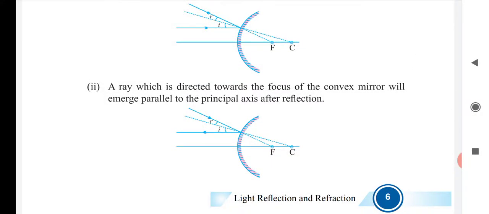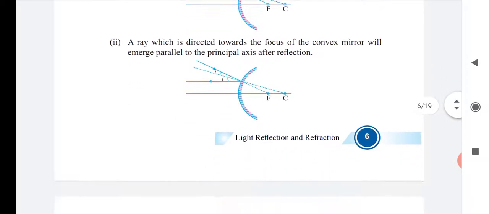The second rule: a ray directed towards the focus of a convex mirror will emerge parallel to the principal axis. That means if you send a ray appearing to pass through the focus, after reflection it will go parallel to the principal axis.